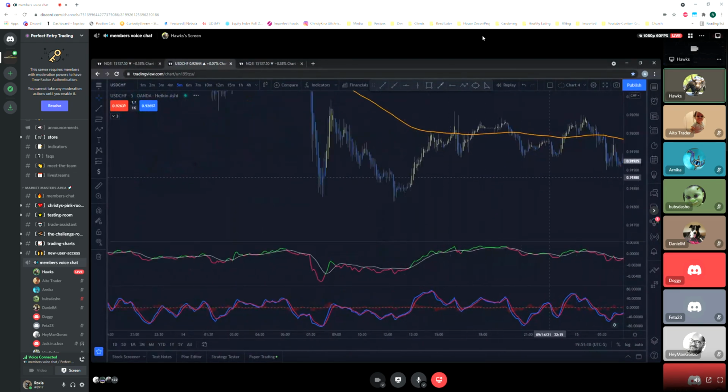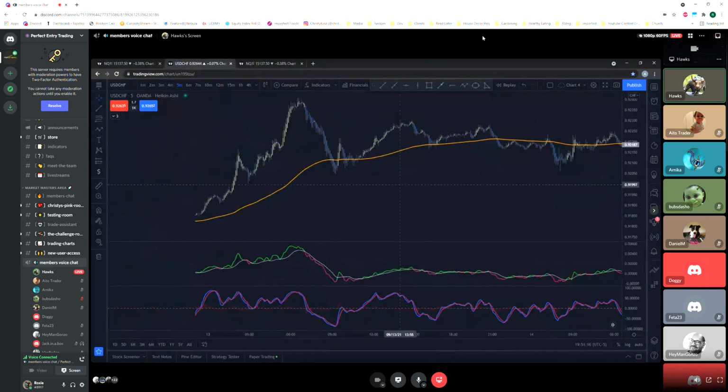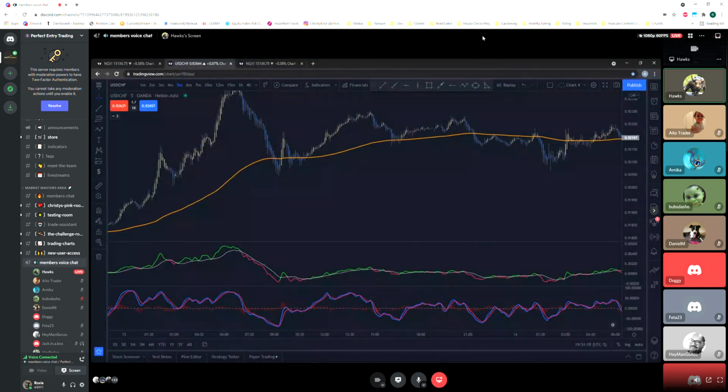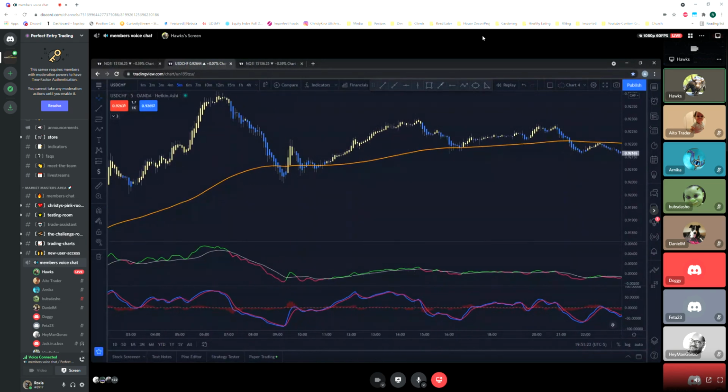Trying to find a nice wedge pattern, but we'll see. Any other questions? Oh, here's a nice little pennant. So this is what we're talking about, triangles and wedges. You have something like this. You see that?